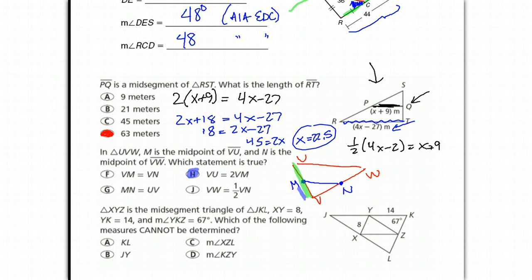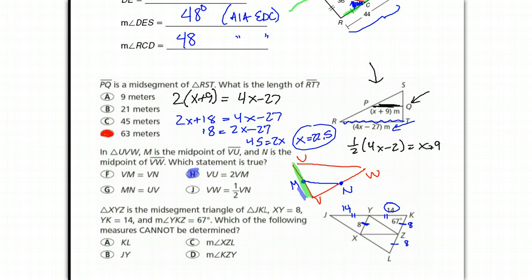Last one. XYZ is a midsegment triangle this time. Which one cannot be determined? Well, let's just plug in some things that we know. We know this midsegment is congruent to these sides, so these will both be 8. We know that 14 is the same thing as this because those are midpoints.